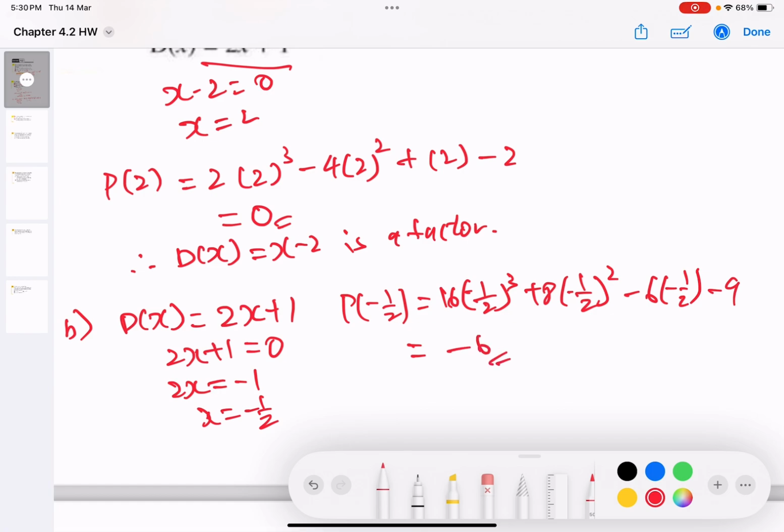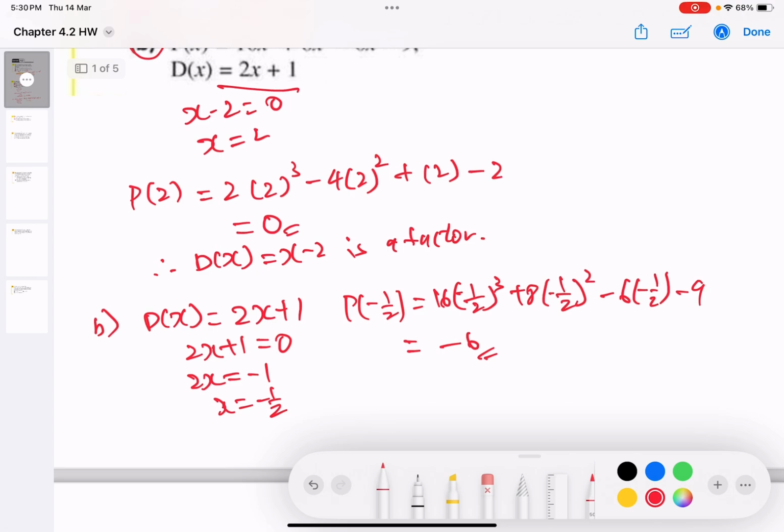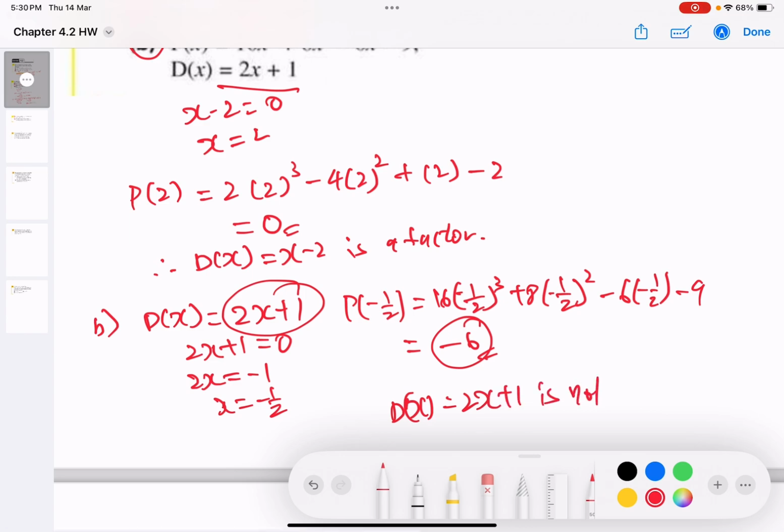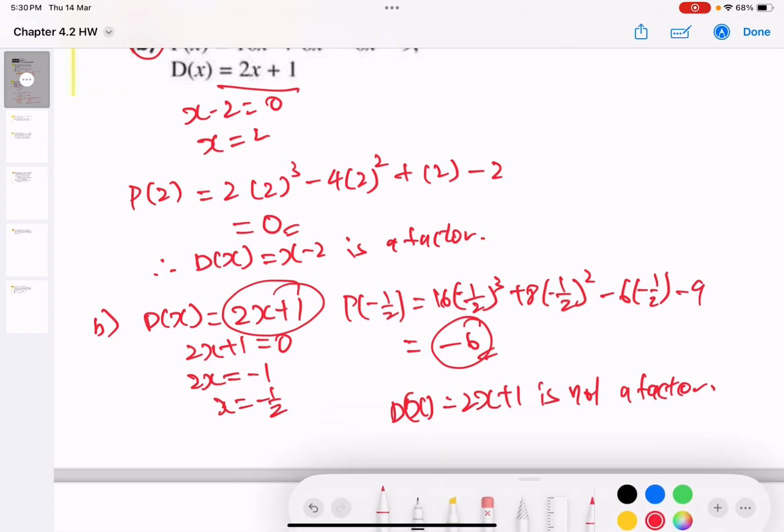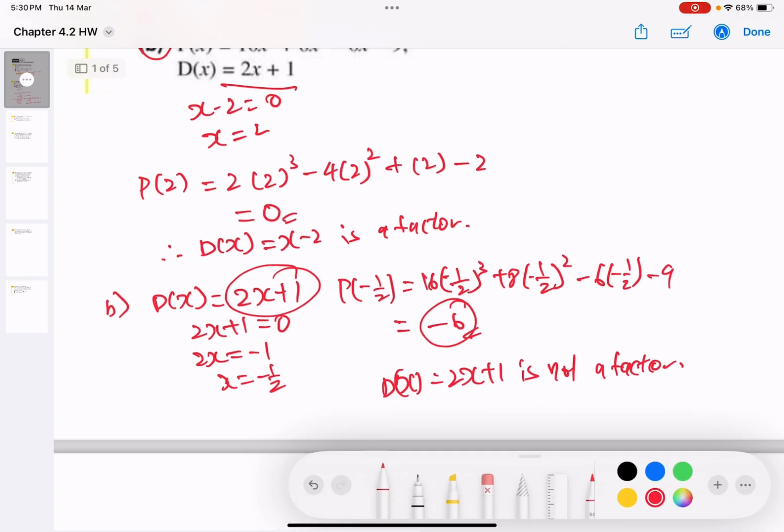What does this tell me? If 2x + 1 is the divisor, I'm going to get a remainder of negative 6. Is this a factor? If you have a remainder, it is definitely not a factor. So in this case, d(x), 2x + 1, is not a factor, because it has a remainder of negative 6.